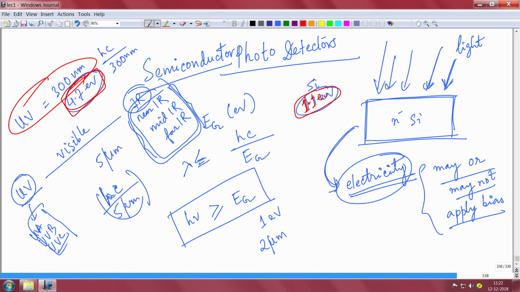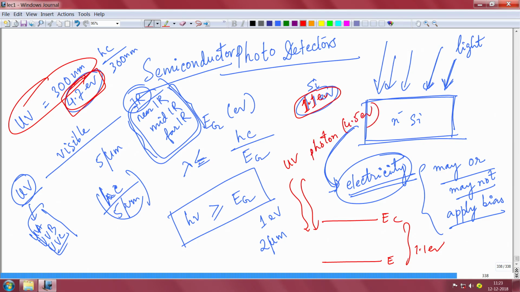You see my point? If a UV photon of 300 nanometer comes, it will also get absorbed in silicon and generate an electron hole pair.